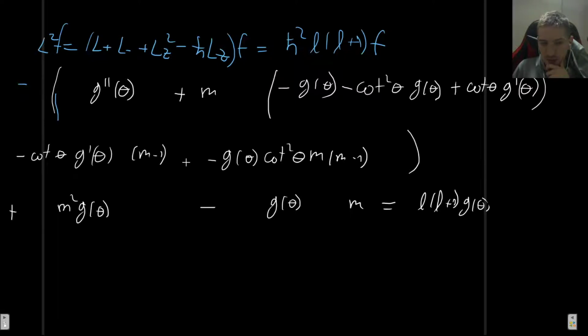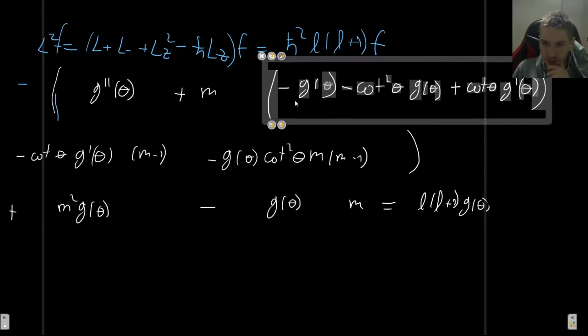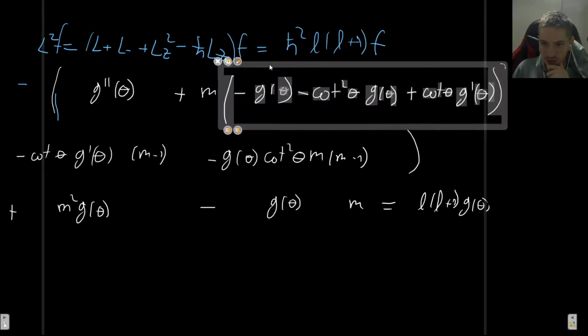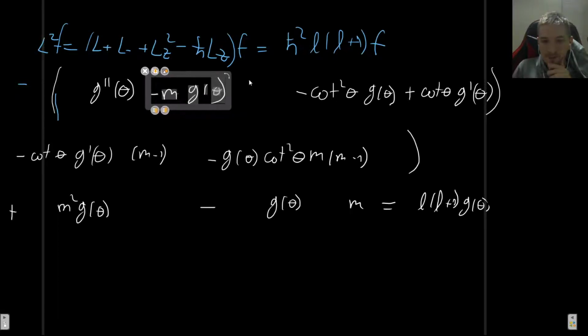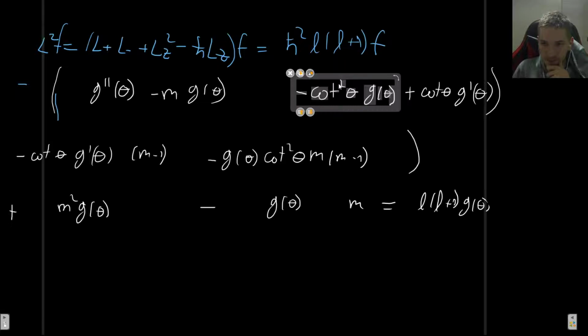So now it's looking a bit better. We still have these parentheses that are kind of annoying, so let me multiply through by these quantities. So this first part will be minus m times the g function, and actually let me get rid of this plus sign. Then we have minus this thing times m.